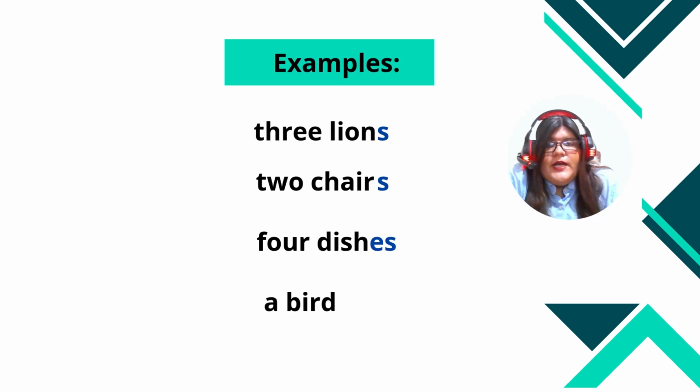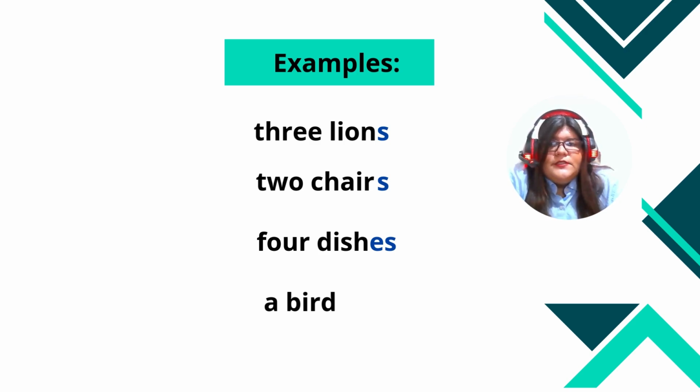So now here we have some examples. For example, we have the word lion. Three lions. It is correct to put an s, because the word doesn't end in x or h. So, three lions, because it's more than one. We add an s.